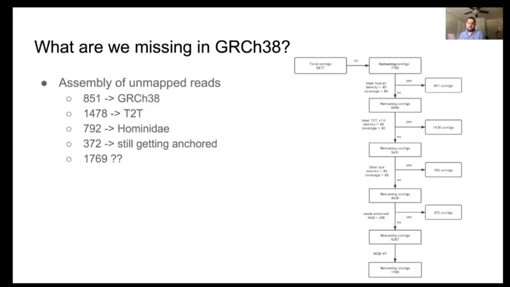Might have been just repeats or across different N regions of the genome itself. 1,478 mapped nicely back to T2T, as we can see in the next slide, in certain interesting regions. 700, almost 800 contigs mapped to hominidae, which I'm going to discuss a little bit further. 372 could still be anchored, however, across almost 1,800 of them.